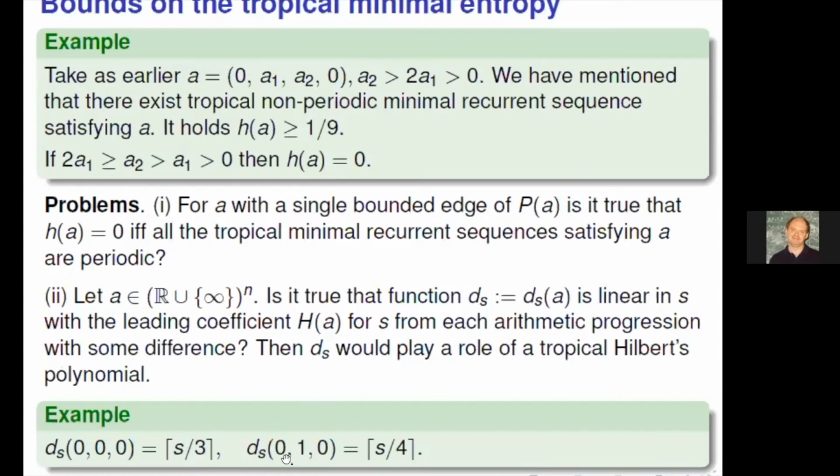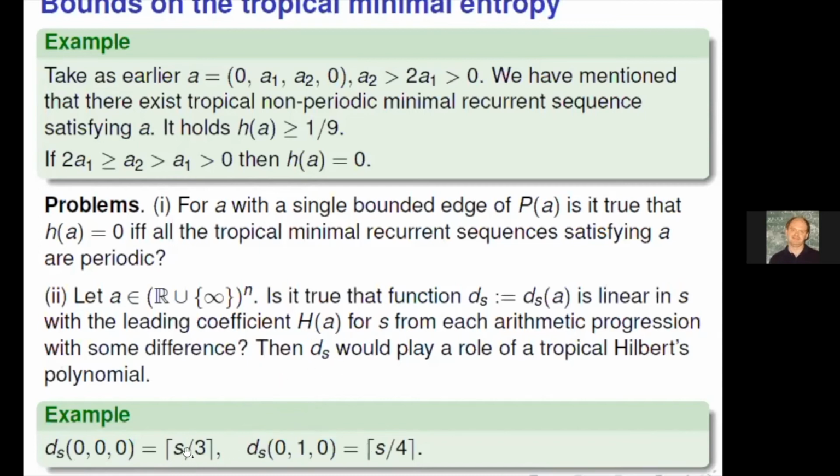And then another example, for degree 2 of the vector, there are only two possibilities. Either we have three zeros, so all 3 points are on the edge of the Newton polygon, or 1 point is inside, or there is another possibility, say 0 minus 1 0, but then the entropy is 0 and the ds function is a constant.